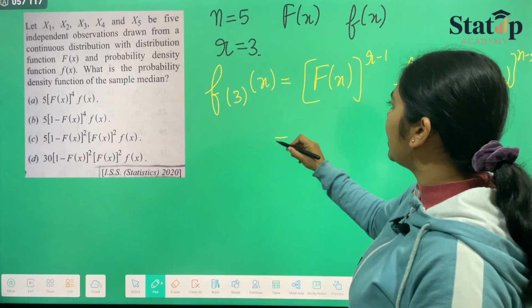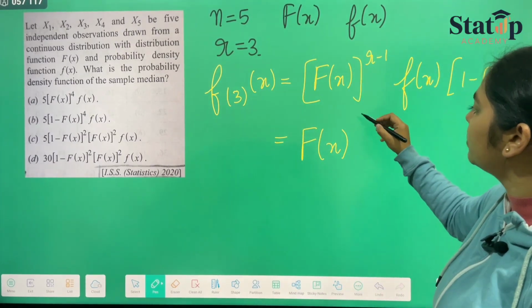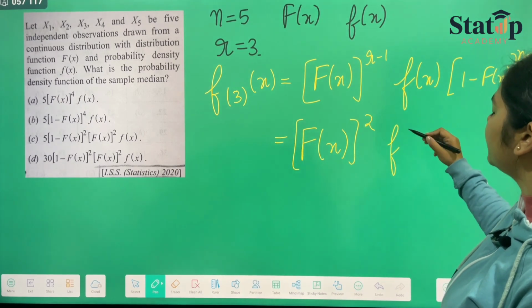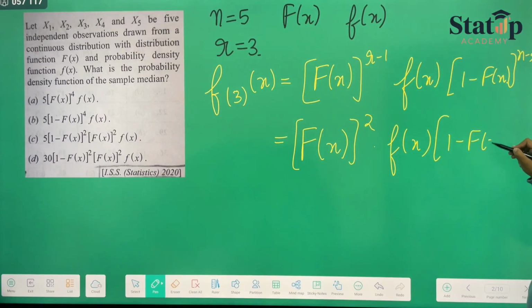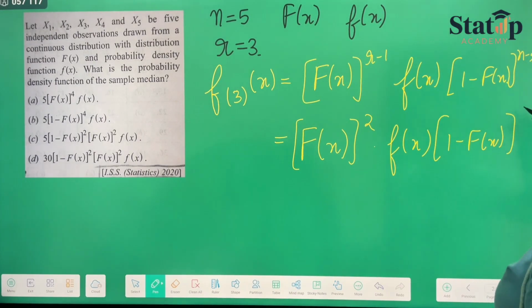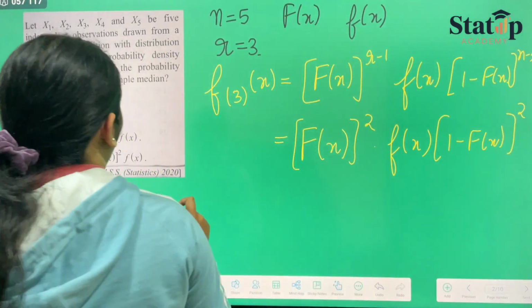So just putting in the terms, Fx raised to the power r minus 1, r is 3, 3 minus 1 is equal to 2, small fx is multiplied, then 1 minus Fx whole raised to the power n minus r. N is 5, r is 3, so 5 minus 3 will be 2. So this matches our option.